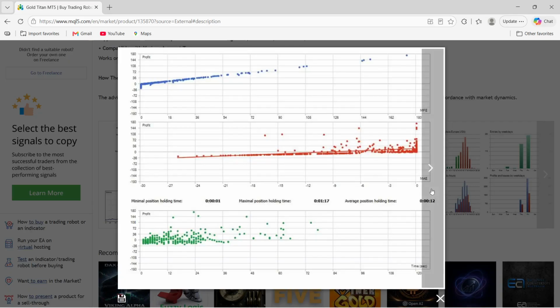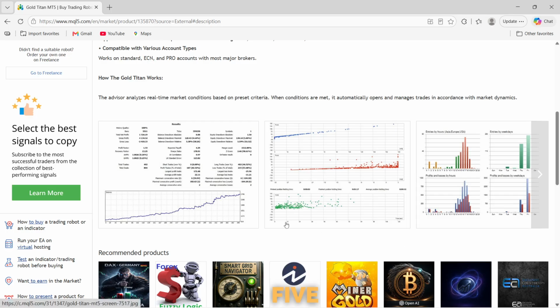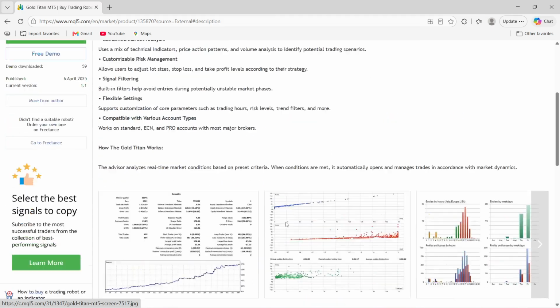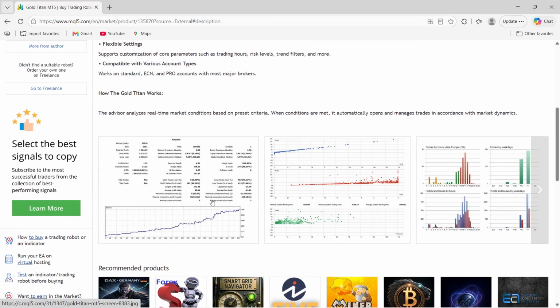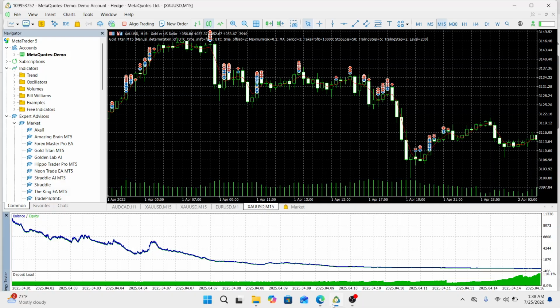Right, so those are the results we had. But looking at it at face value, it seems like the EA actually performs fairly well. But does this actually hold true when we put it through our own personal backtest? Let's give it a look.